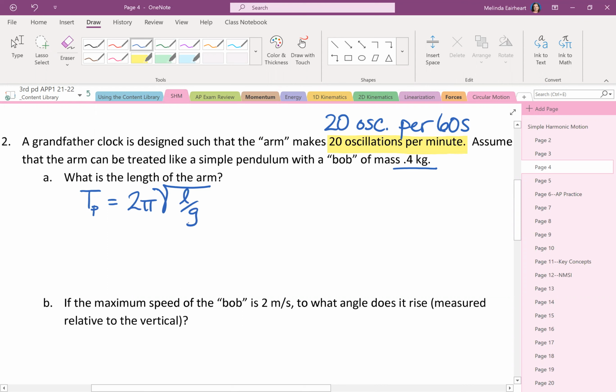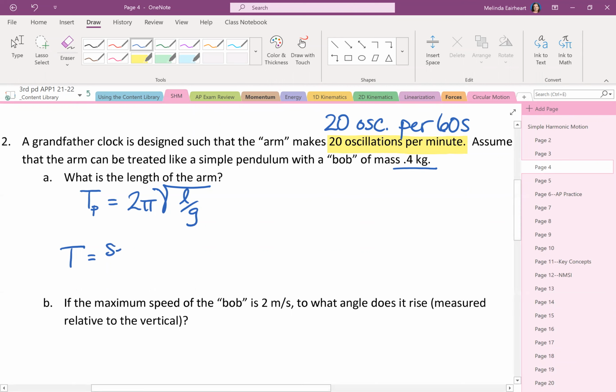So first question, does mass matter? Not in this equation. But did they give me the period? Is the period 60 seconds? Define period. It's how many seconds, how many oscillations?